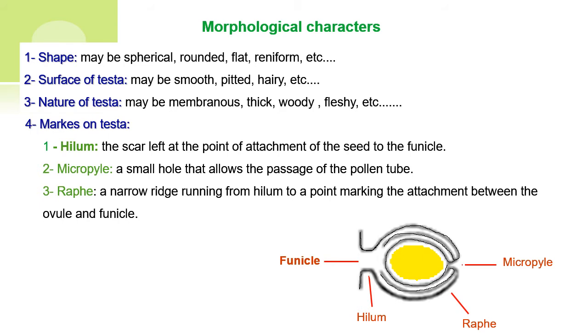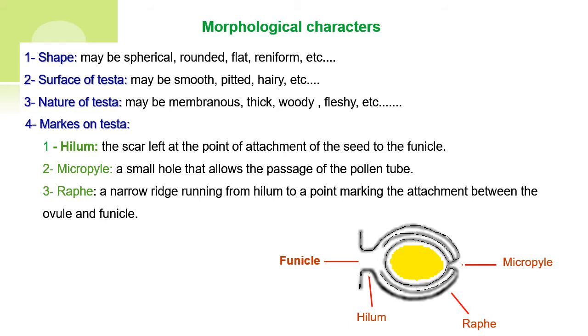The raphe is a narrow ridge running from the hilum to the point marking attachment between the ovule and funicle. So the attachment of the funicle and the ovule wall will change the type of structure of the tissues in this attached area, forming a raphe.